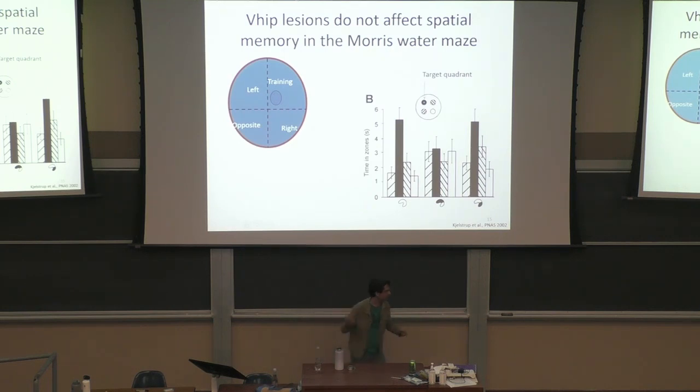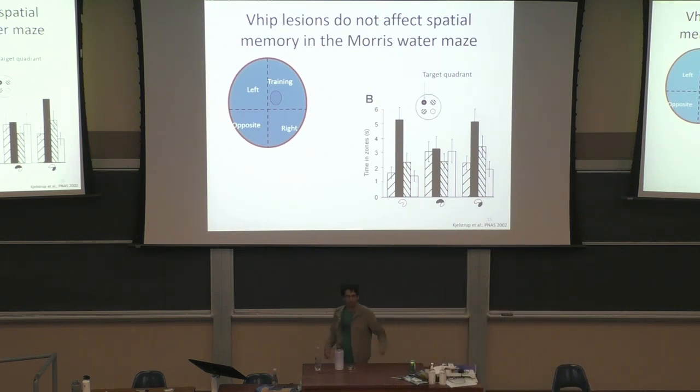So this was again this behavior where we had this bucket of water and then the rat is swimming around the bucket of water and has to learn that there's a platform here for me to sit and avoid swimming. Okay, so if you lesion the dorsal hippocampus, the mouse can't remember where the platform was, so it just swims around randomly and can't find the platform. But if you lesion the ventral hippocampus, the mouse is just fine.